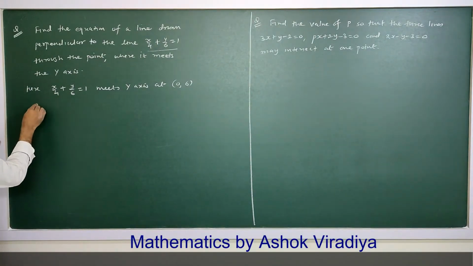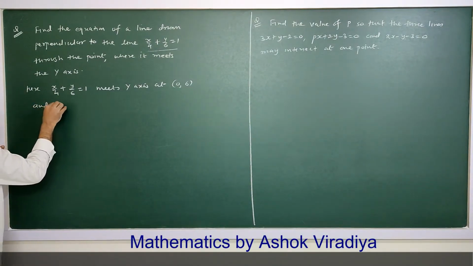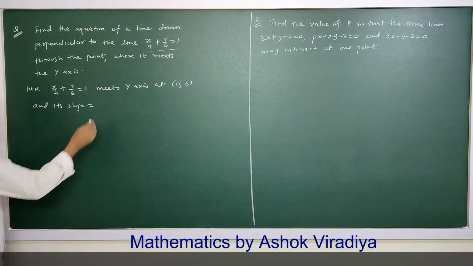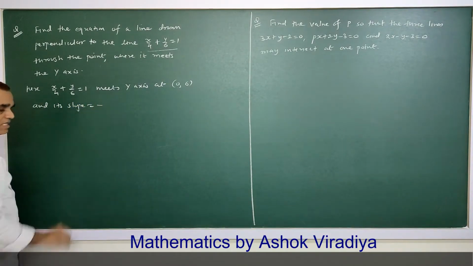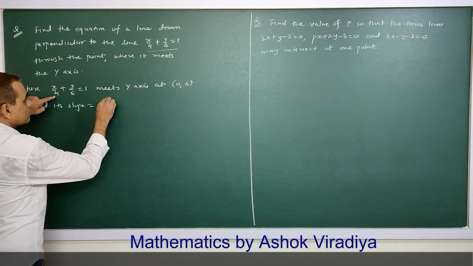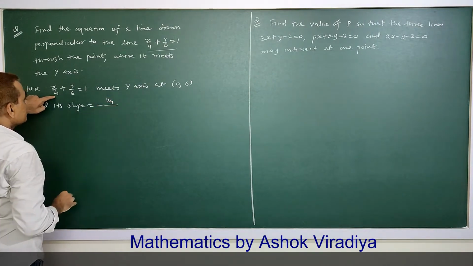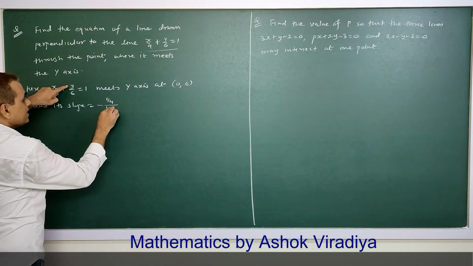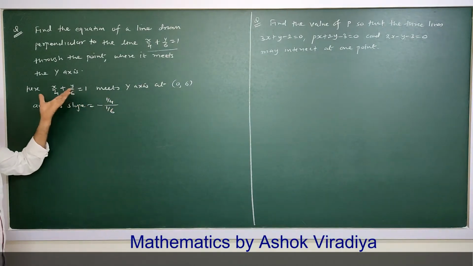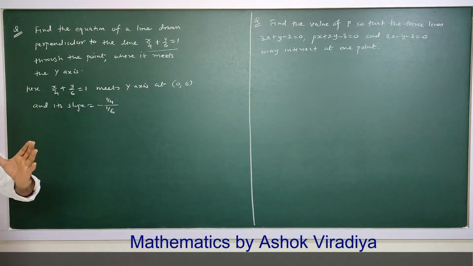Now we find its slope, and its slope is minus a by b. A, that is the coefficient of x, is 1 by 4 upon b is 1 by 6. Directly you can calculate minus a by b, keeping this form as it is.